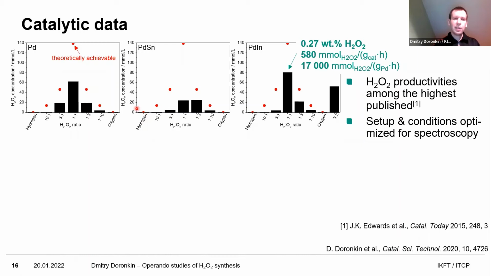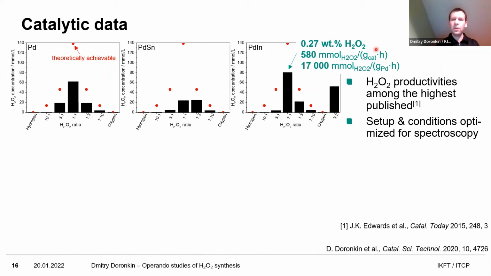We measured up to, let's say, 80 millimole per liter concentrations in the reaction product solution, which is, if you remember, in the previous experiment we had a maximum of 0.08 millimole per liter. So now we are 3 orders of magnitude larger than we were in the first measurement.